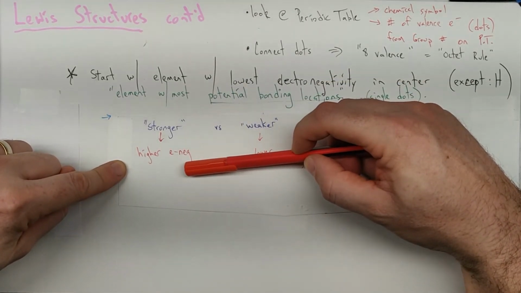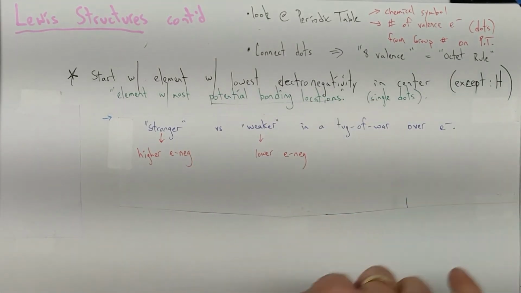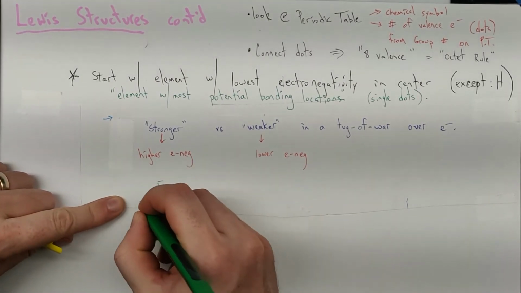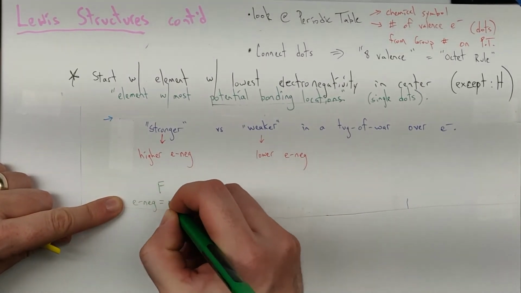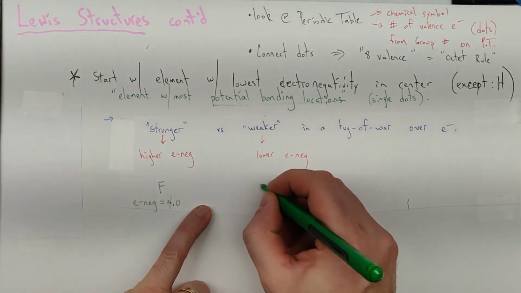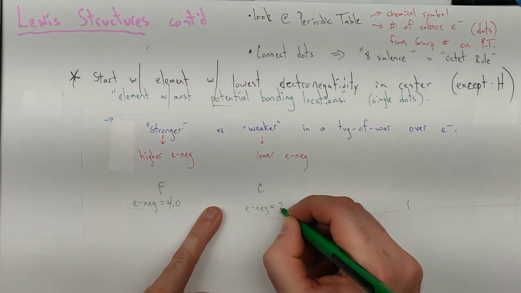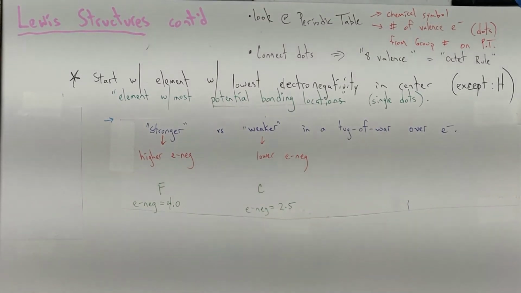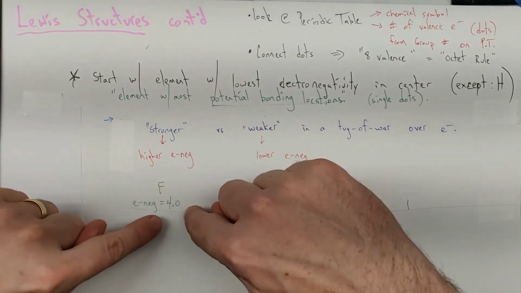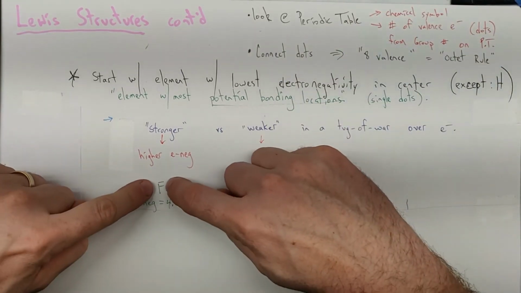So maybe, and just to make some numbers up but for reference, if we look, fluorine has an electronegativity of 4.0, all right, versus carbon, which has an electronegativity of 2.5. So which one of these things is better at attracting electrons? Fluorine, all right? Why? Because fluorine will, philosophically speaking, pay more for an electron.